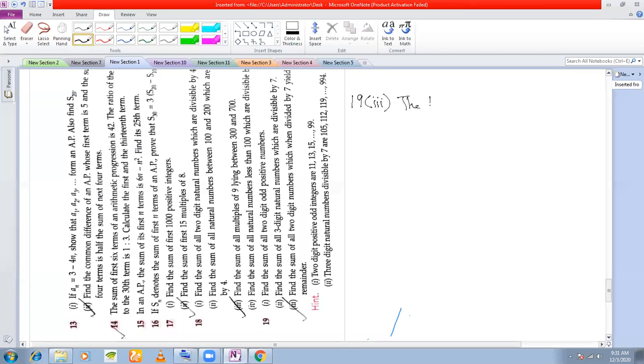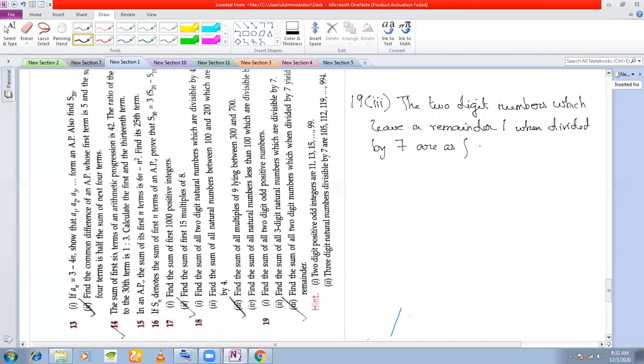So the two-digit numbers which leave a remainder 1 when divided by 7.